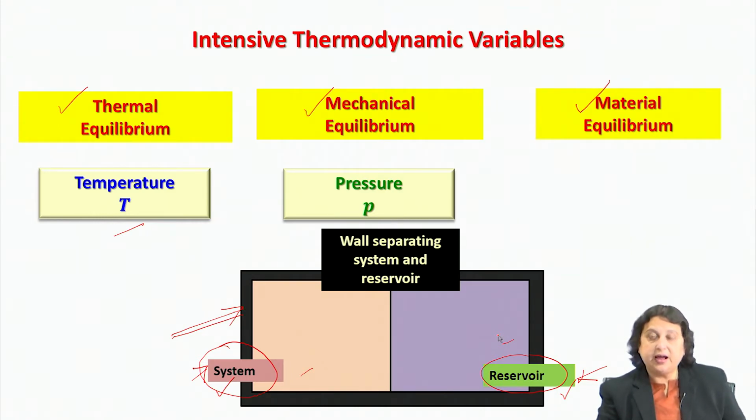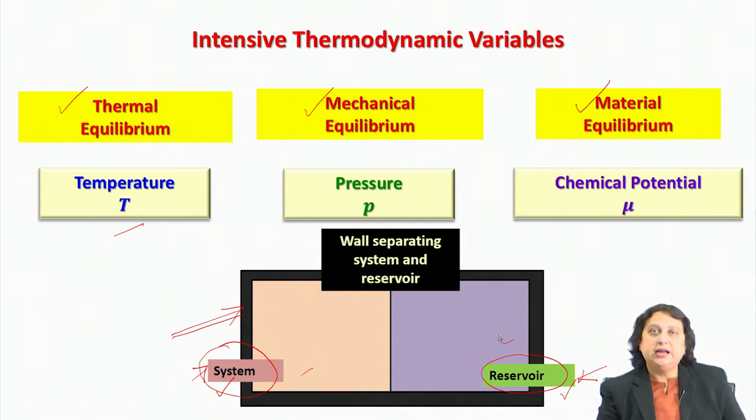And when I am talking about material equilibrium, or equilibrium with respect to transfer of matter from one region to the other in this setup, then I will be talking in terms of a new thermodynamic variable, which is chemical potential.